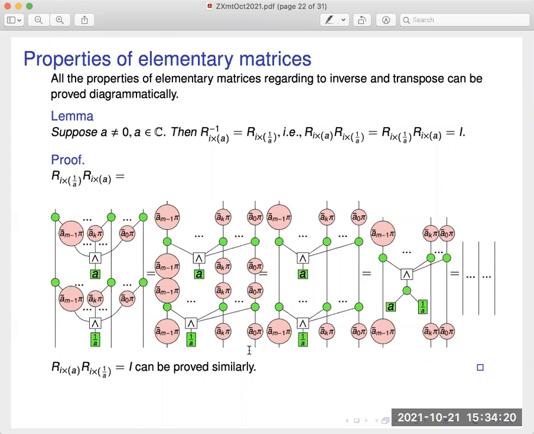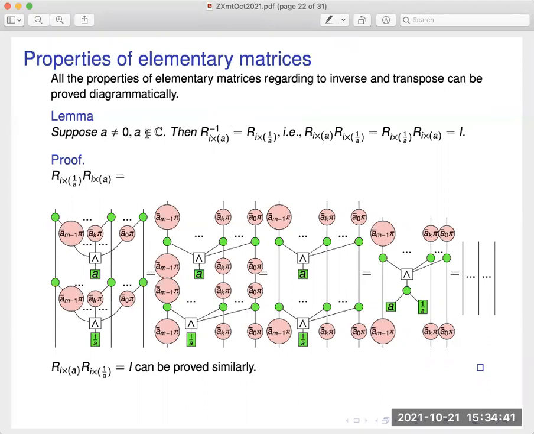Actually we can show the properties of those elementary matrices by diagrams. Here we just show some simple properties, like the inverse of the elementary matrices and the transpose of the elementary matrices.